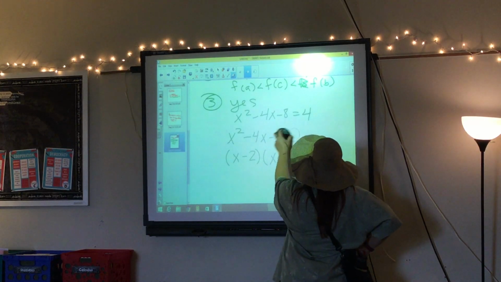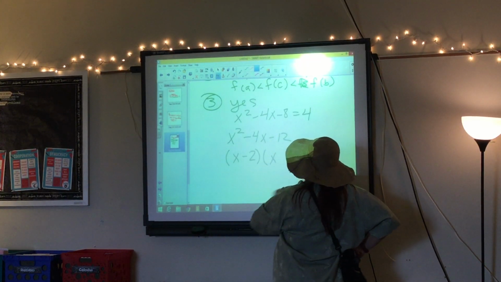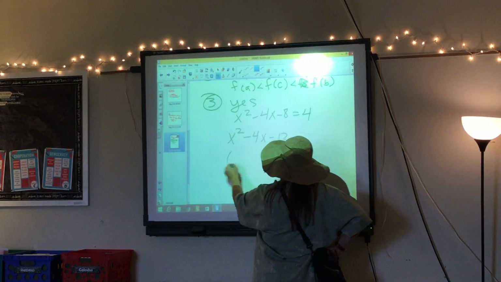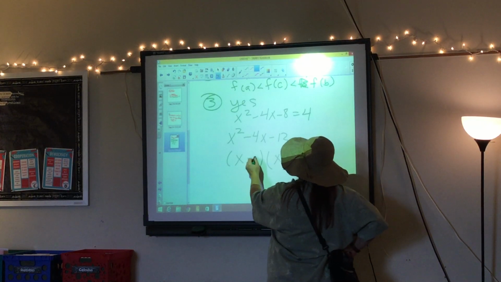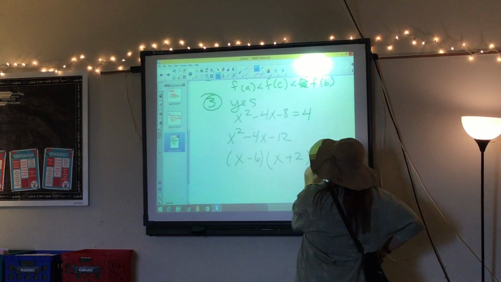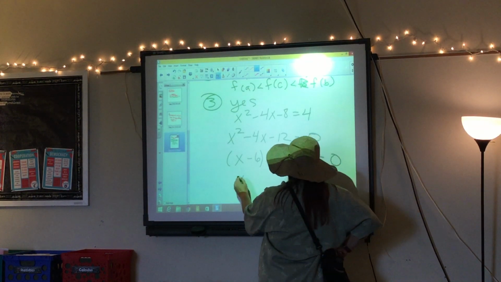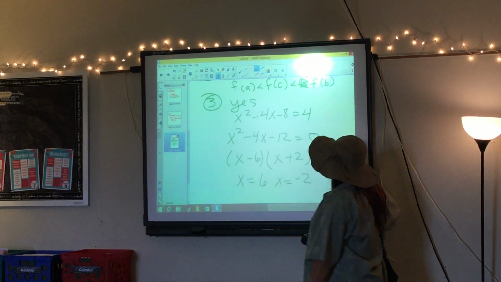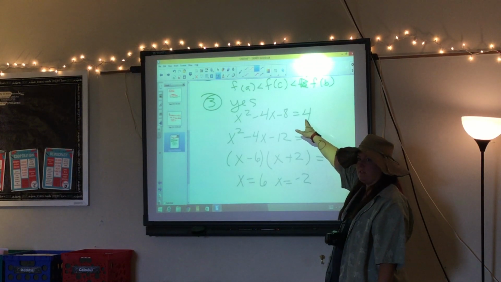In my brain, I subtracted the 4. Okay, that would make more sense. It's like 22, so we've got to factor it. x minus 6 equals 2. So our two factors would be x equals 6 and x equals -2. Those are our two c values that would possibly give us 4.